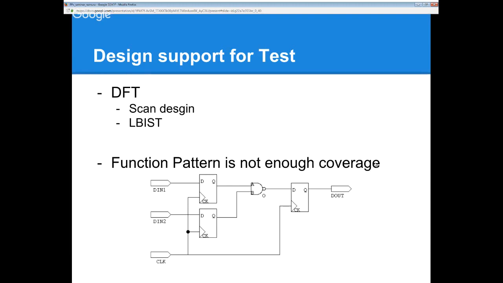In the very old days, we used a functional pattern to verify the chip's correctness. If the logic is simple, we can cover the whole chip with a functional pattern. But the logic size became much bigger. In that case, we cannot cover it with a functional pattern.